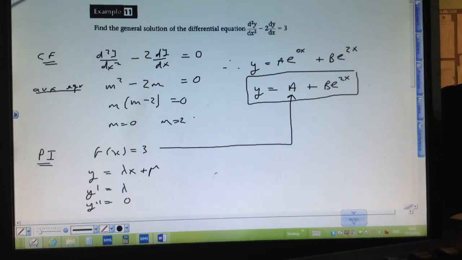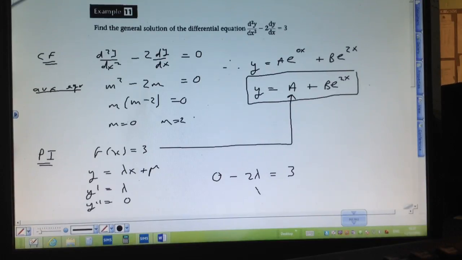You end up with 0 minus 2 lots of lambda, and that is equal to 3. So you can clearly see that the mu didn't have an effect here, and it never does. But there's nothing wrong with trying it so that you don't have to question it in the exam.